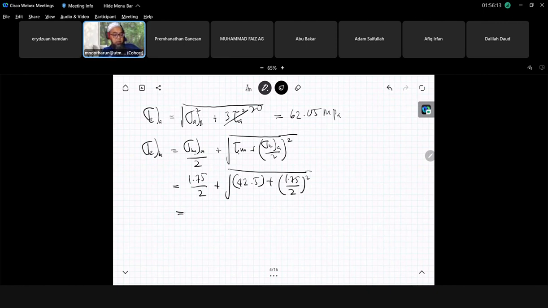Dan kita dapat 43 megapascal. Okay, so the exact value kan, the exact equation untuk equivalent alternating stress and same as equivalent for mean stress. So you will tengoklah dalam slide, the slide that I've given to you. You could see the slide that I've given to you.